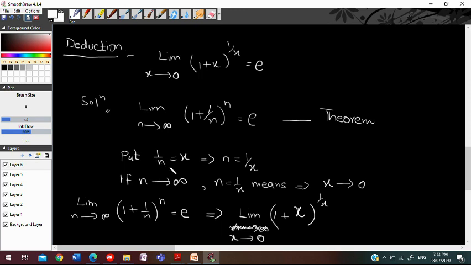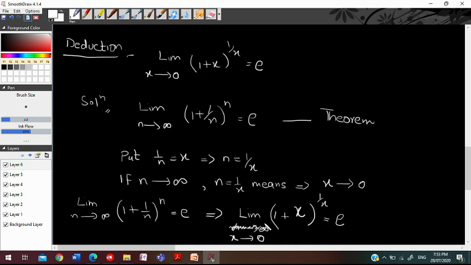That's why we have written here x, and the value of n is 1 by x, so we have written 1 by x. So this limit is equal to e. So this is the deduction, known as the deduction of our main theorem.